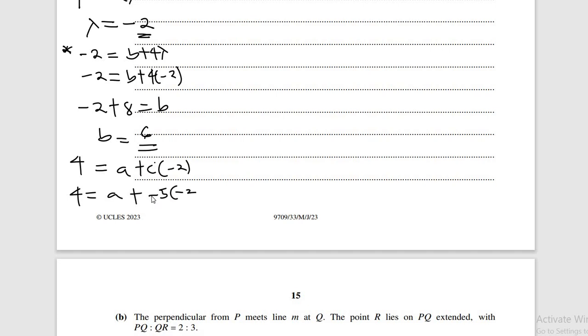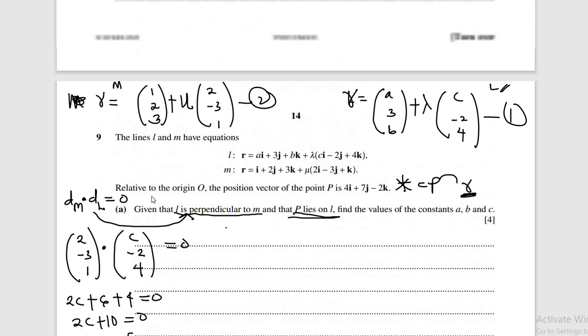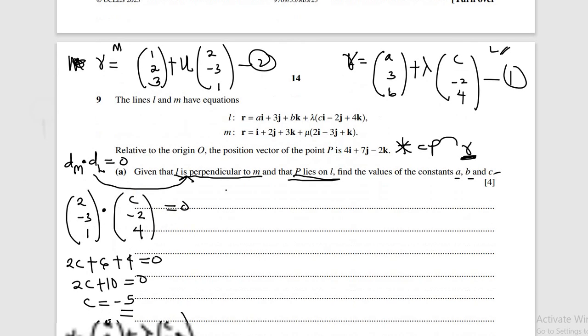Minus 5 times minus 2 is plus 10. So 4 equal to A plus 10. From here, A should be minus 6. That's it. And the first question is find the value of constants A, B, C. I think we are done.